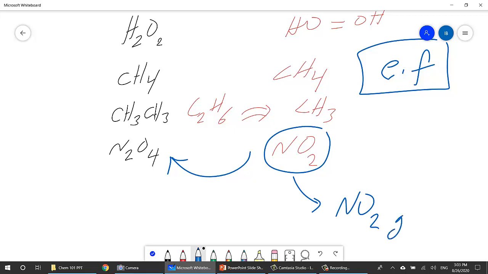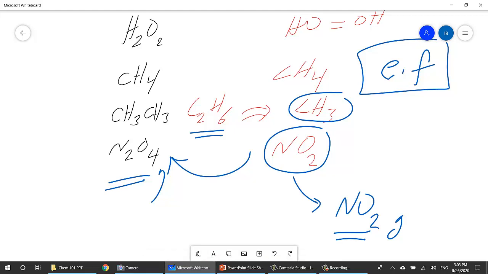So the empirical formula for both these gases, this gas and this gas, okay, is NO2. CH3, for example, is another example of an empirical formula that can be an empirical formula for this compound, which is ethane, and it could also be an empirical formula for something else, if you want to think about it. Okay.